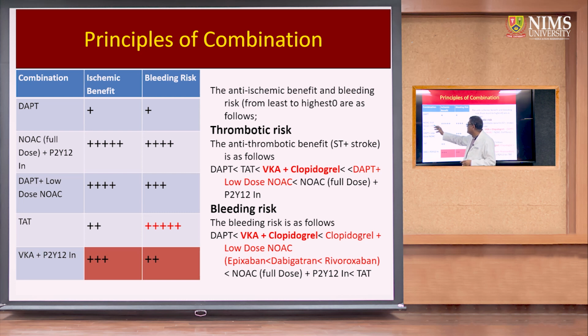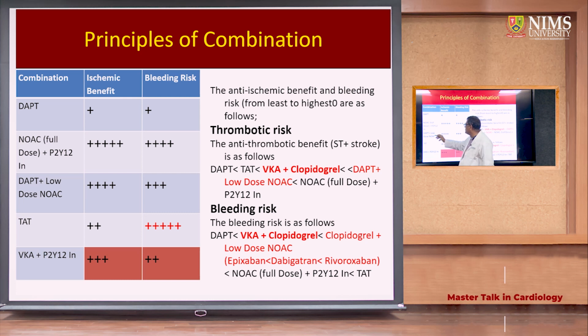Then instead of aspirin, you can use a NOAC, because NOAC has more anti-ischemic effect, and combine it with a P2Y12 inhibitor. The only thing you have to remember is that you use only clopidogrel, because if you use any other P2Y12 inhibitor, then bleeding risk will increase much. So, you can combine NOAC with clopidogrel.